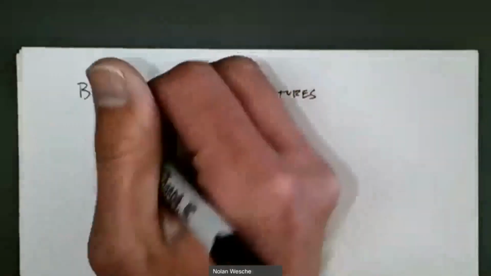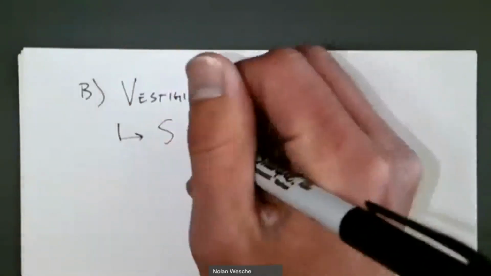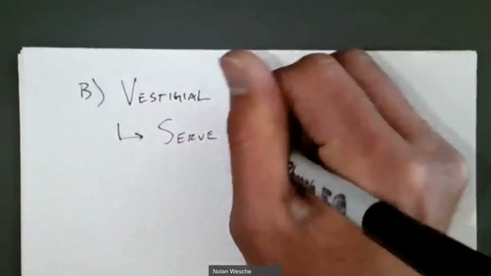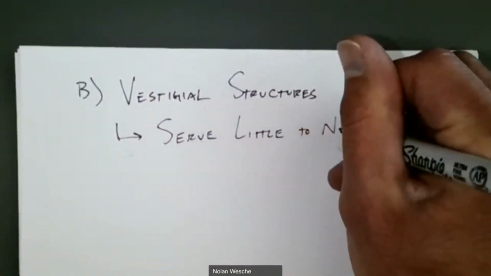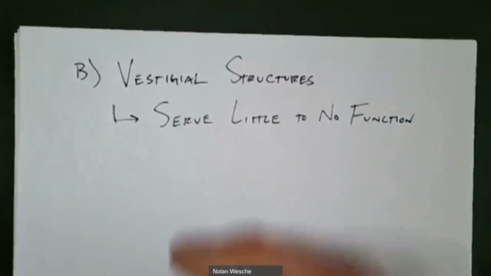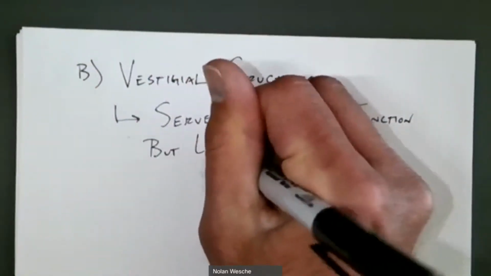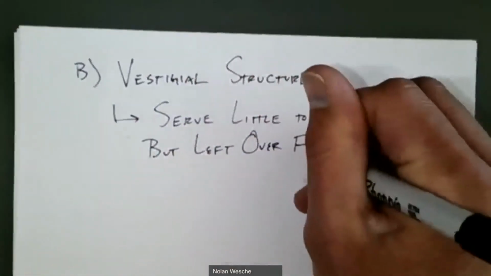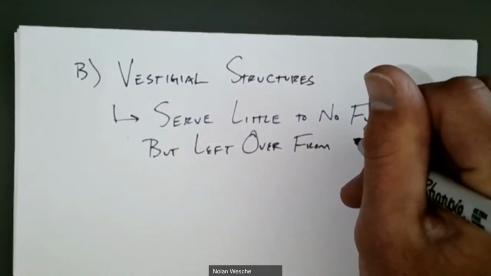So we'll go ahead and just record this so you have it. So again, vestigial structures are structures that serve little to no function, but they are left over from a recent common ancestor.